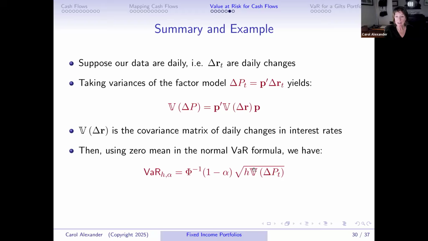So I've also put the variance underneath that square root. And then we take minus the quantile at 1%, if it's a 1% VAR, or in other words, we take the 99% quantile.